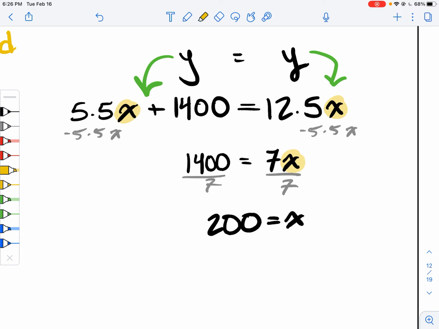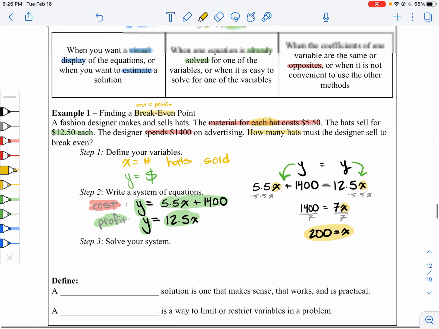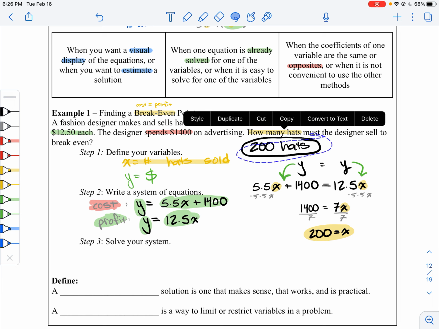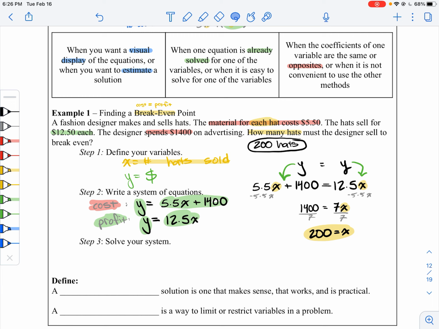So that means that we need to check out what x is. X means the number of hats sold. So we need to sell 200 hats. How many hats? 200 hats must be sold. So you sell it to all of the underclassmen and you should be fine.